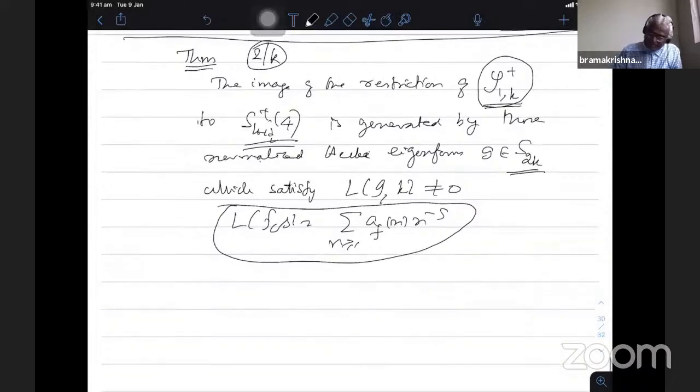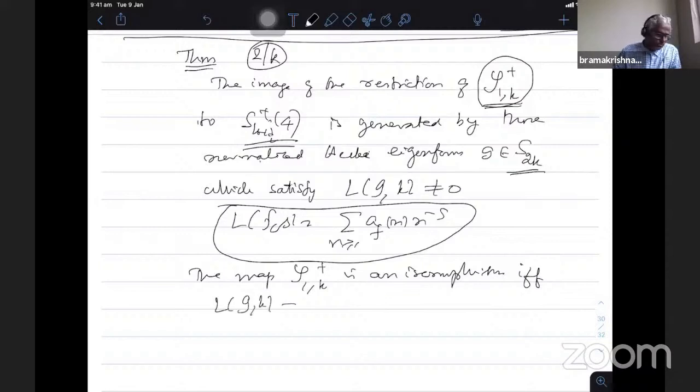Okay. So S1K plus is an isomorphism if and only if L of G at k is non-zero for all normalized Hecke eigenforms G in S2K of level 1.